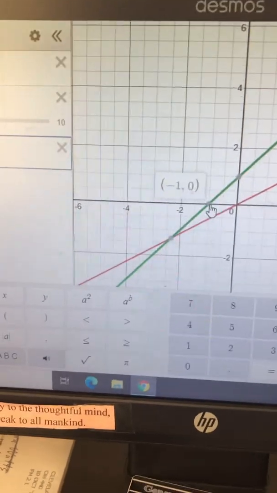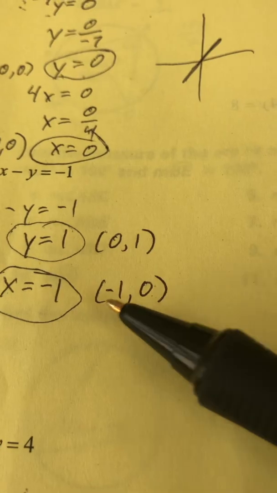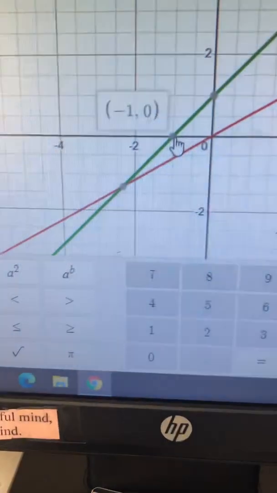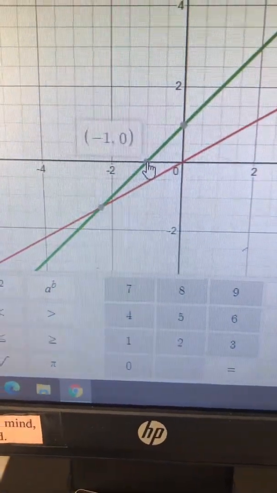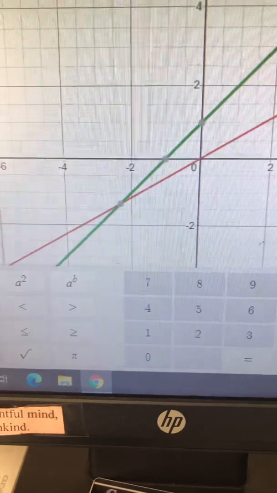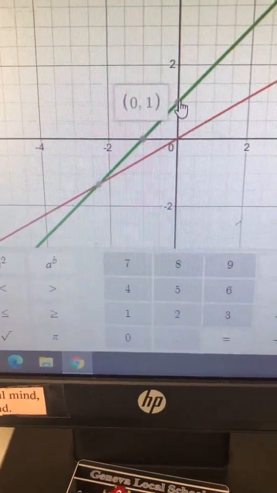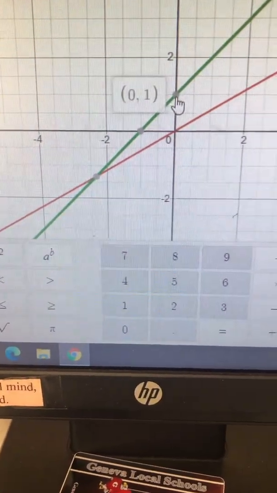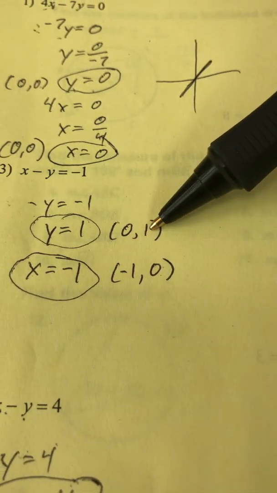I have negative 1, 0. That's the x-intercept. That's where it crosses the x-axis. See what that means now? And then your y-intercept, where it crosses the y-axis, is 0, 1. For that equation, for number 3, we figured out 0, 1.